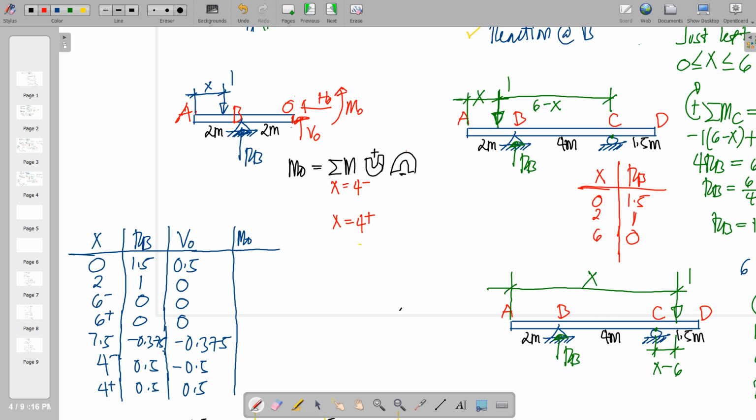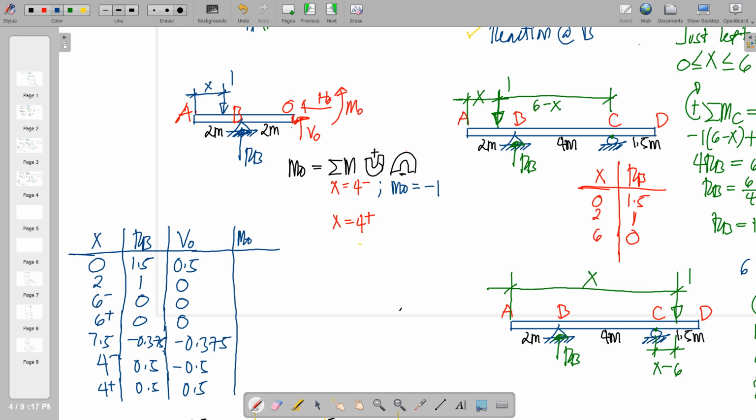Okay, so your MO for X, that is considering the left portion, that is below 4 or equal to 4, we have MO is equal to negative 1, or negative 1 will tend to bend your fiber downwards.